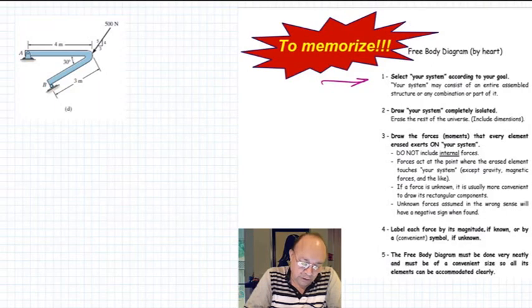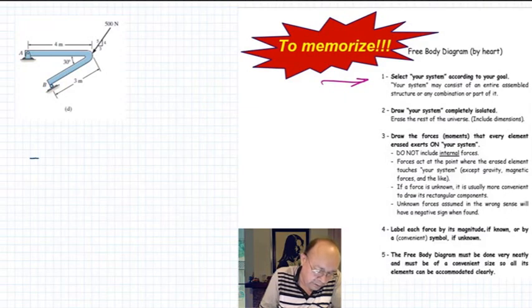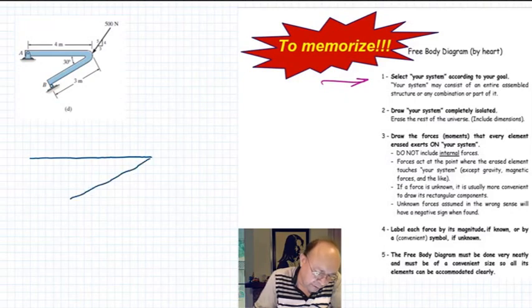Draw your system completely isolated. So the system will be this bar like this. I'm going to draw it without the thickness in order to simplify the drawing.